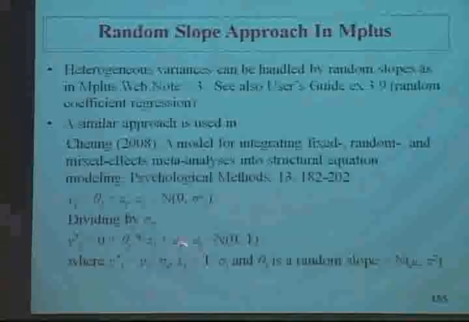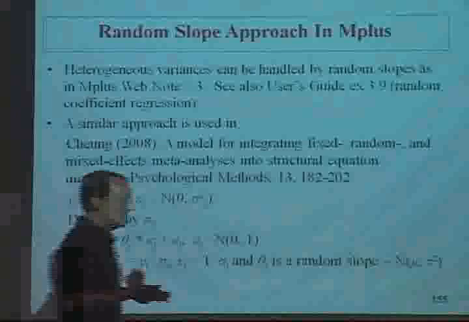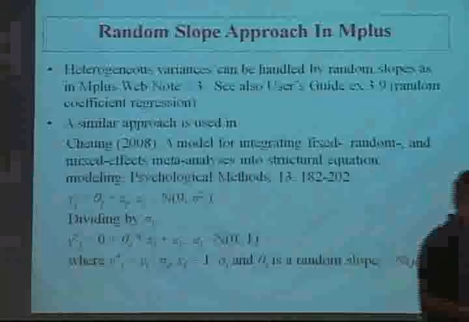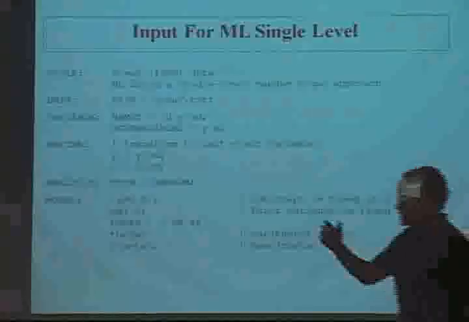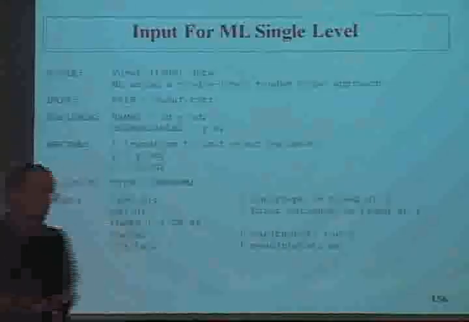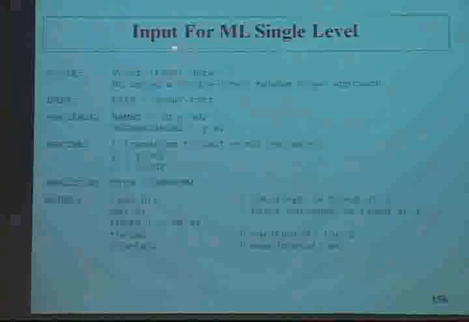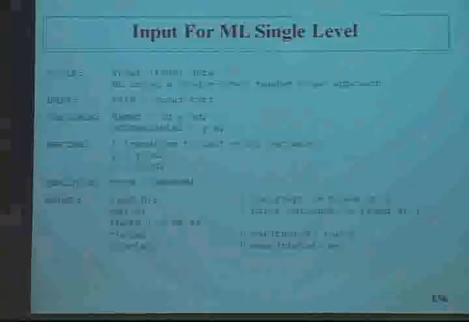But once you put it into this form, it's easy to translate it into Mplus. So I wish we had 2 screens here. You could see the formulas falling right into the input for Mplus. Here I'm showing it for maximum likelihood, single level. You do a type equals random analysis.